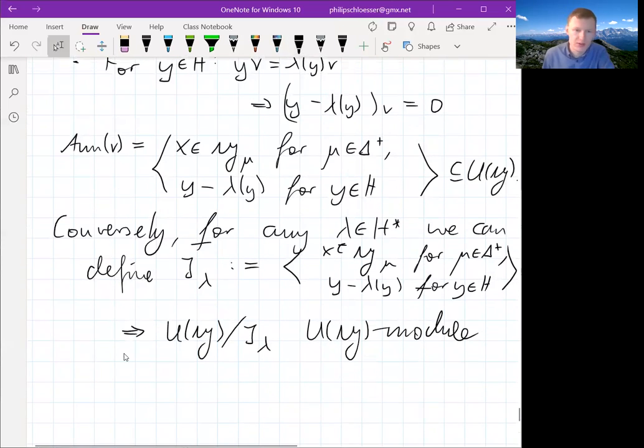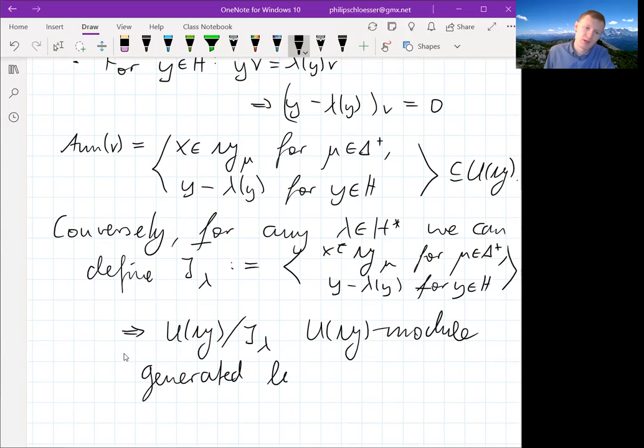And it would be generated by a single element, namely generated by 1. So it would be an irreducible one, or a simple one.